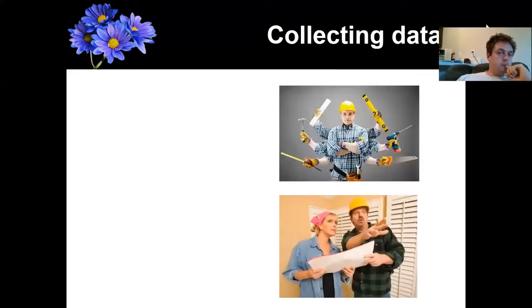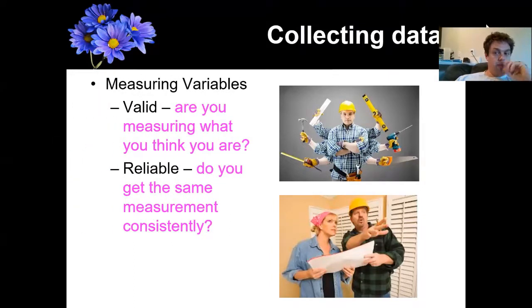Okay. So just one other thing to consider, related to this topic, is when you're measuring variables, whatever your design is, whether it's experimental or correlational, two questions to ask are whether the measure is valid and whether the measure is reliable. And these are two different things.